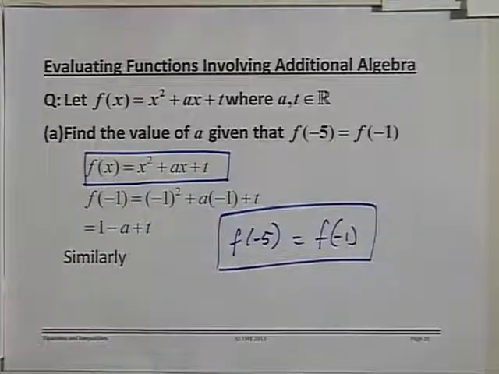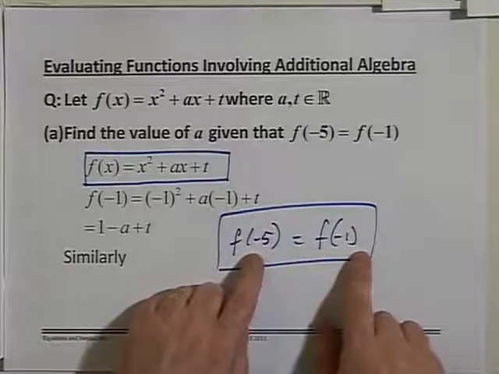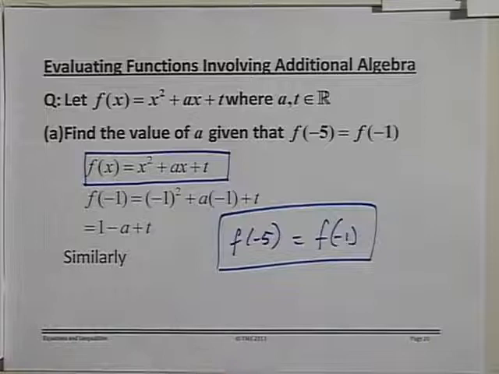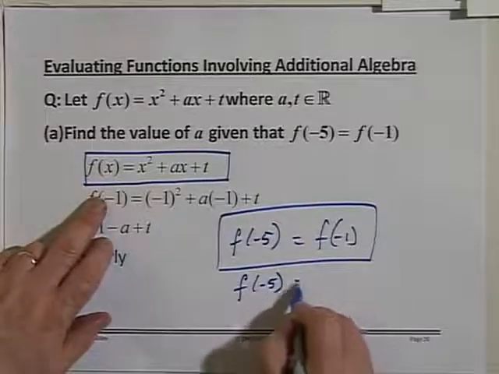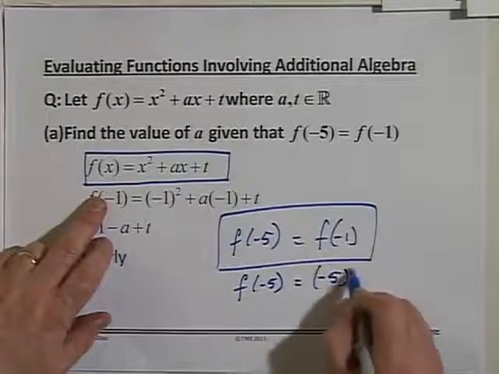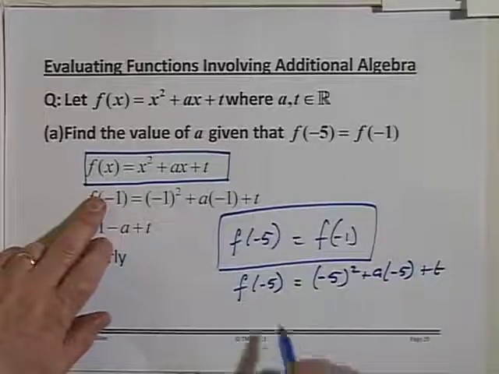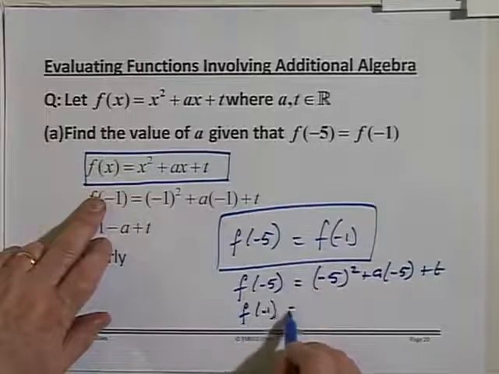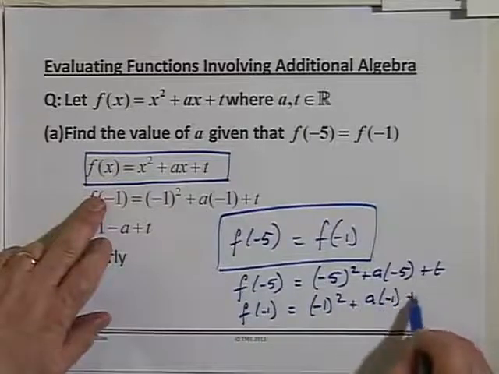What they're saying is that the value of the function f(-5) is the same as f(-1). So plug in the answers: f(-5) equals (-5) squared plus a times (-5) plus t, and f(-1) equals (-1) squared plus a times (-1) plus t.